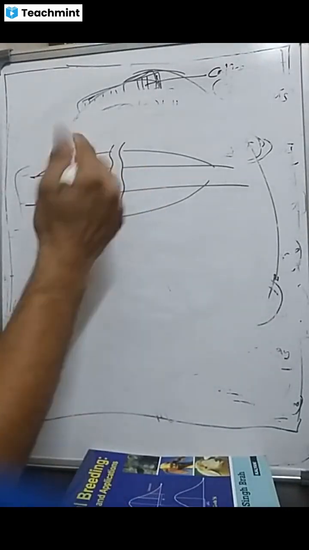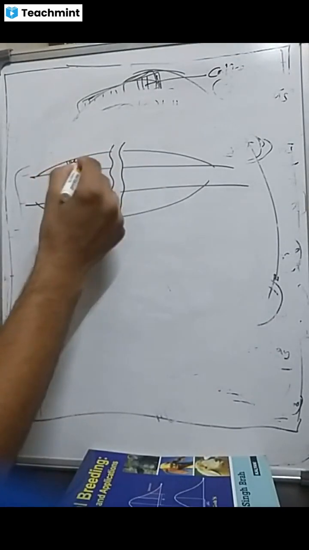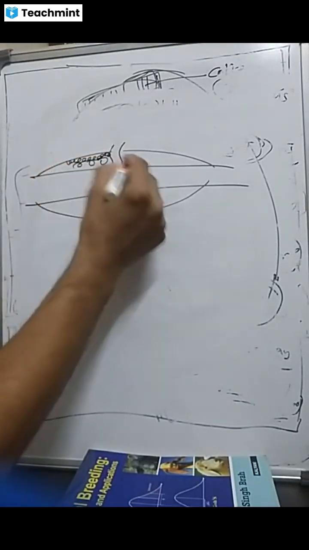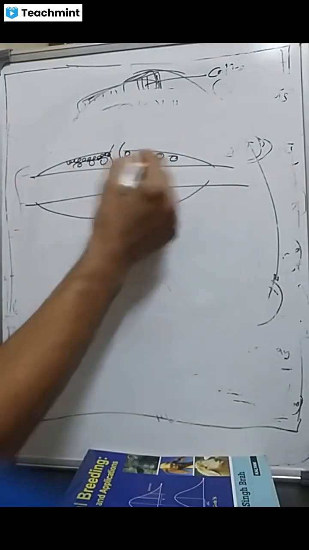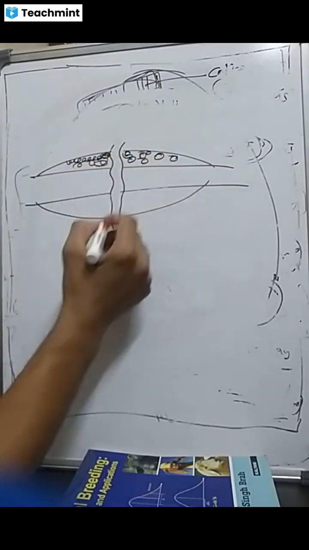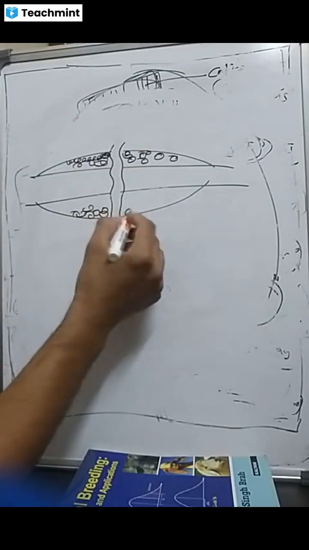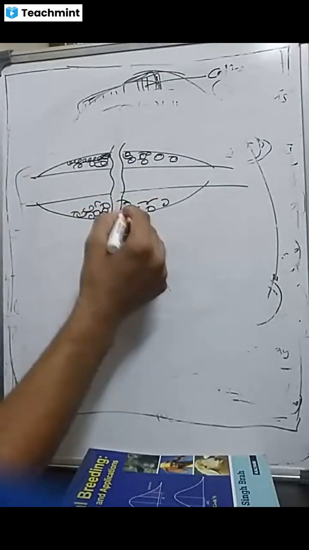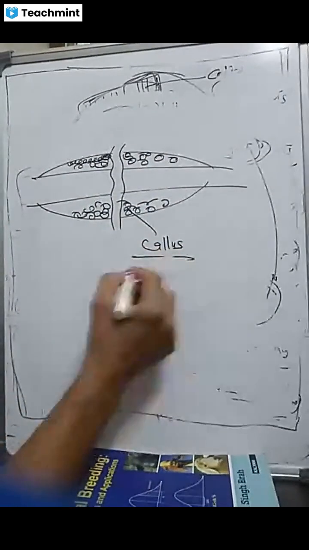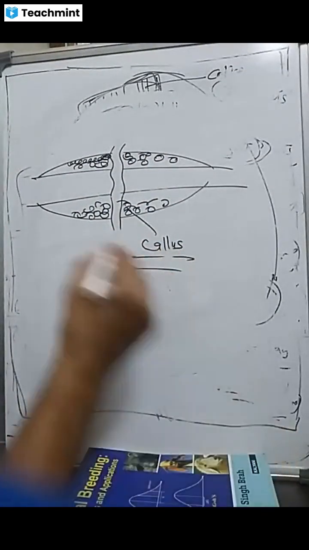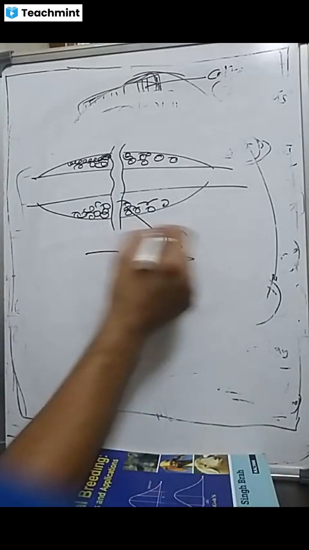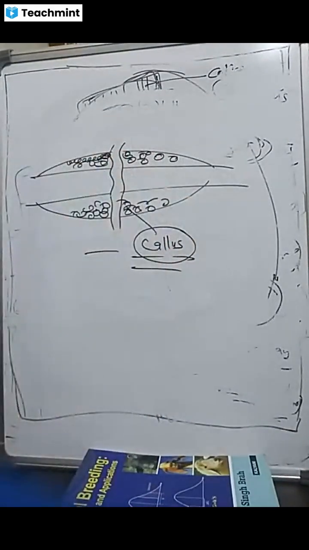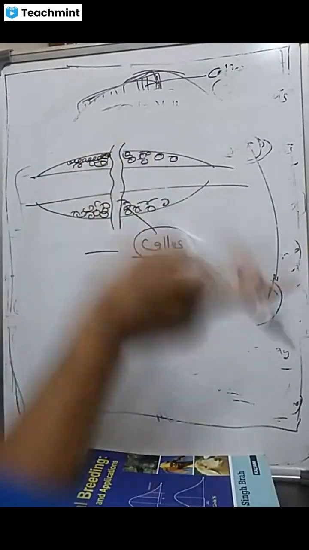At this area, the osteogenic layer will be stimulated and will start proliferation, leading to formation of the callus. So in fracture healing, callus formation is one of the roles of the osteogenic layer of the periosteum.